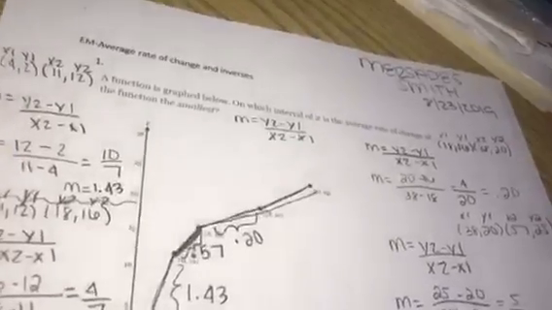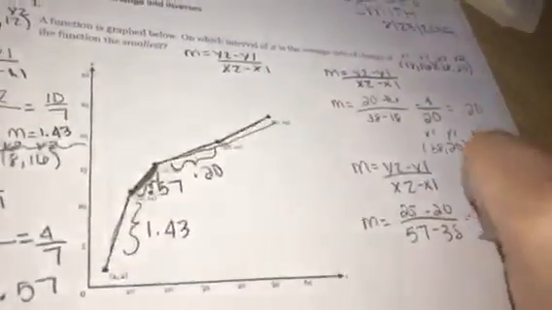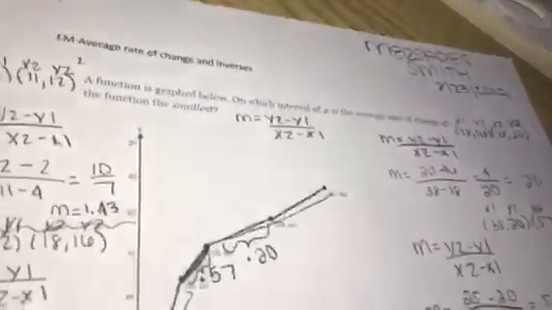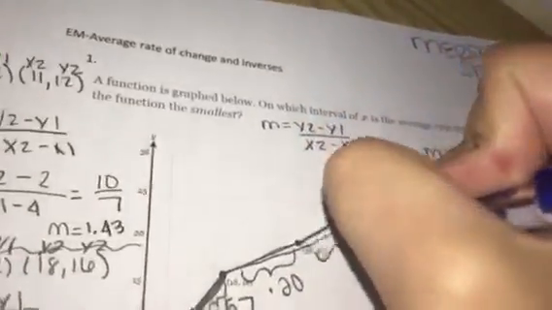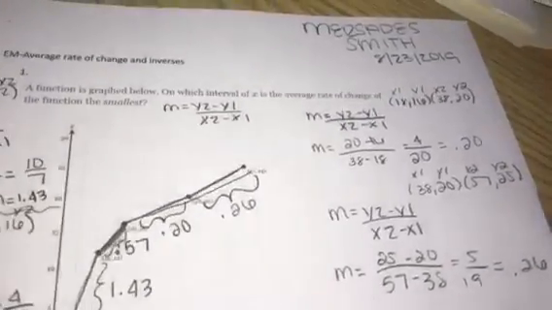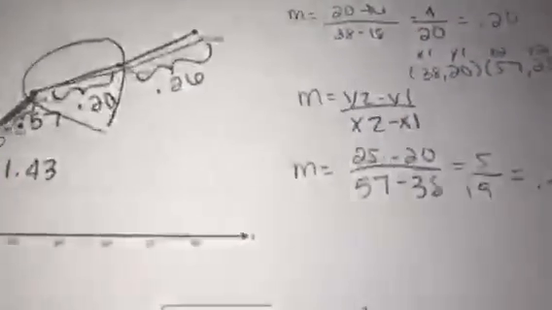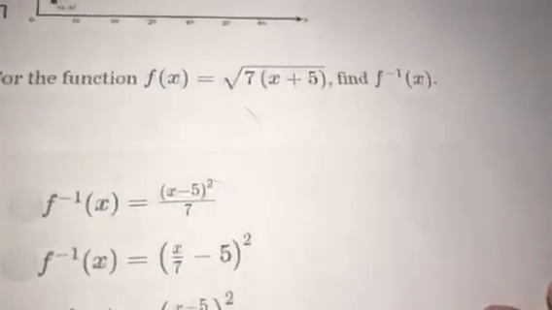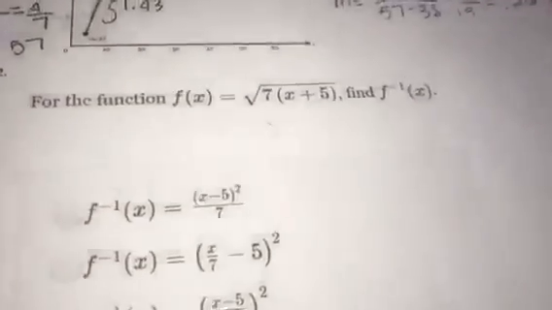This is 5 over 19, which reduces to 0.26. So the interval of x where the average rate of change for this function is the smallest would be from 18, 16 to 38, 20, which is 0.20.